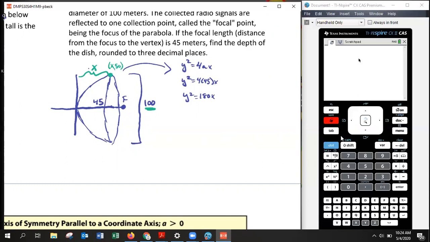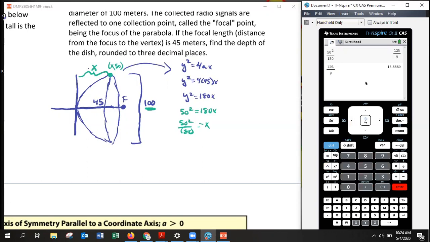So when I fill that into the equation, I now have 50 squared is 180 times x. So x should equal 50 squared over 180. And that would be why I have the calculator on over here. So if I take 50 squared and then divide that by 180, I get a fraction, which is not what I want according to the directions.